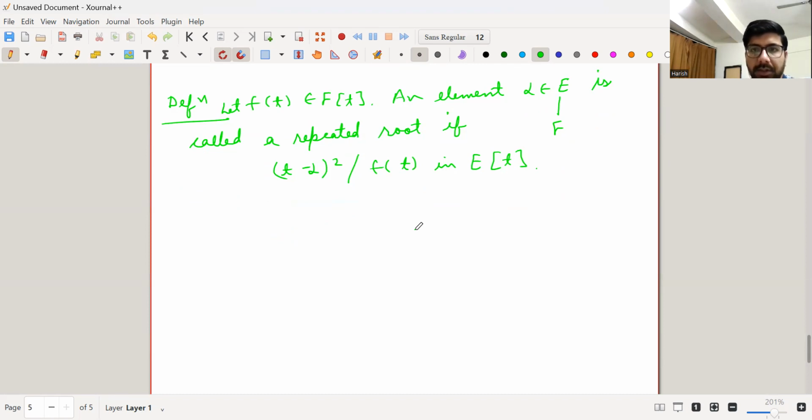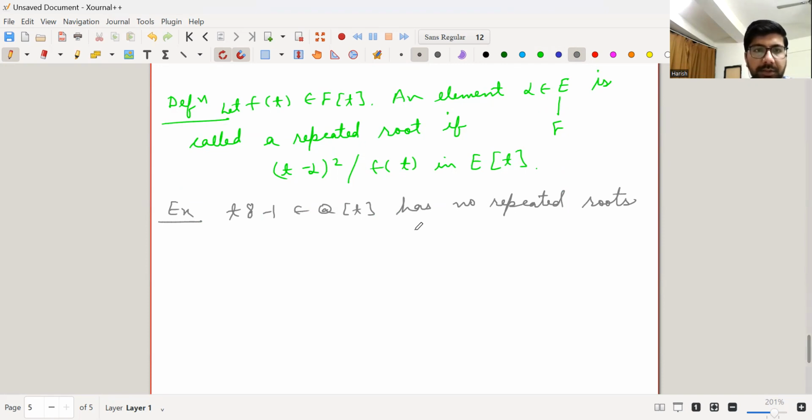Okay, so as an example, you can see t^8 minus 1 belongs to Q[t] and has no repeated roots. Why is it so? Can anyone just say quickly?